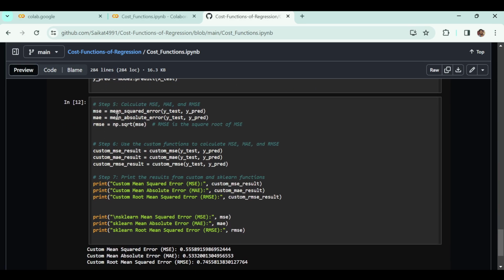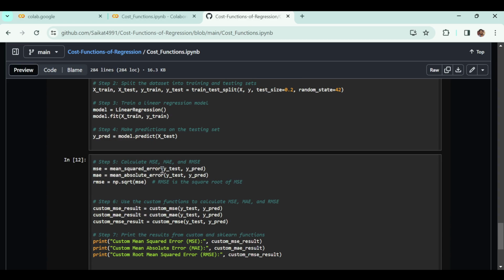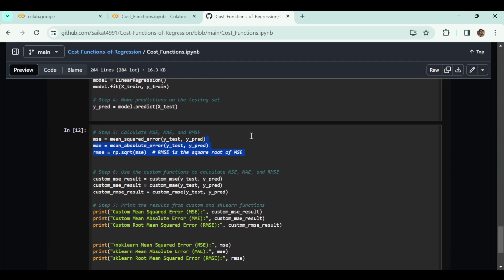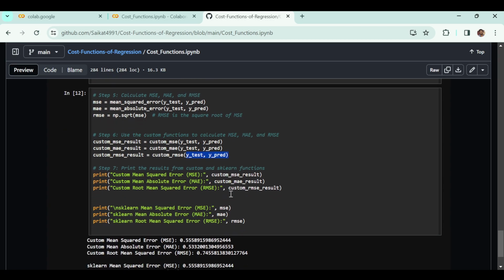Now we calculate the MSE. This mean squared error we took from the sklearn library. MAE is also taken from the sklearn library, and RMSE is nothing but np.sqrt of MSE. Then we calculate the custom MSE, custom MAE, and custom RMSE here.